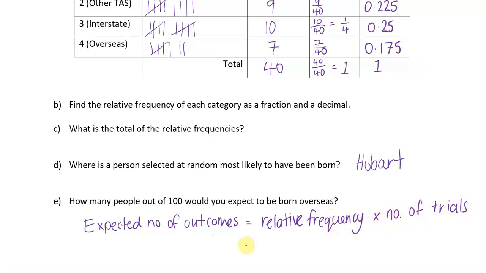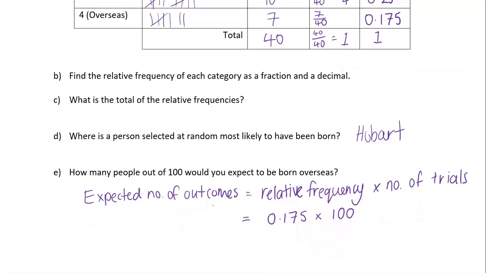So expected number of people born overseas is our relative frequency of being born overseas, 0.175. You could use the fraction here or the decimal, both are the same, multiplied by the number of trials. Well, we would be asking 100 people. 0.175 multiplied by 100 will give us 17.5.